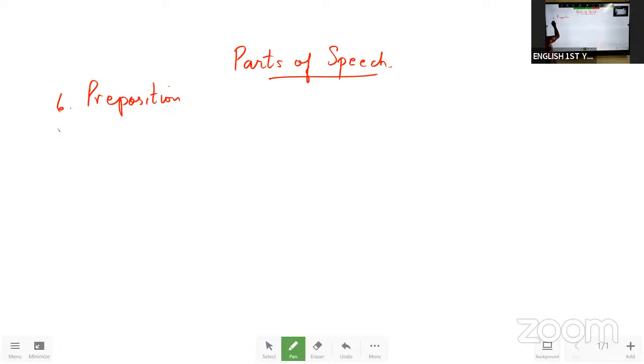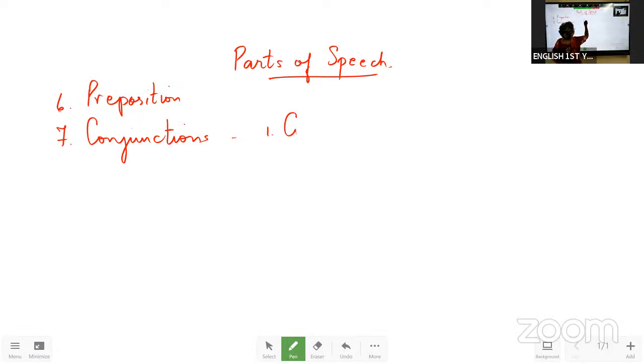Like you know, conjunctions join sentences. A conjunction joins 2 or more sentences. But what you don't know is that there are 2 types of conjunction.